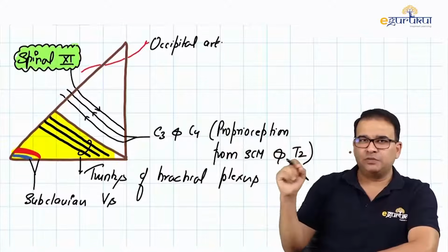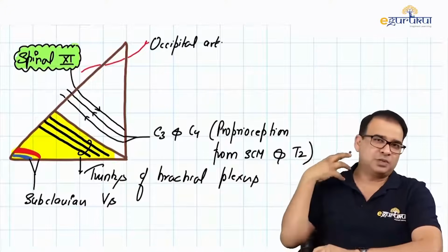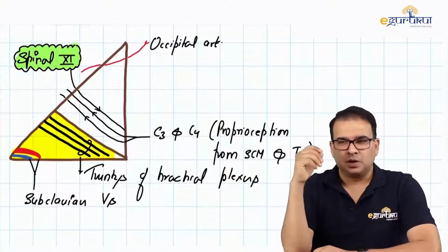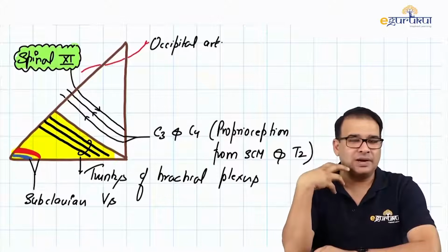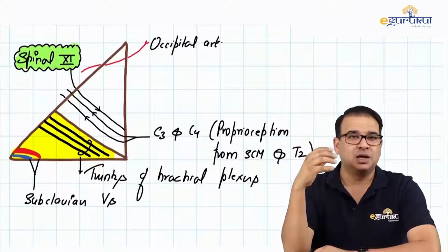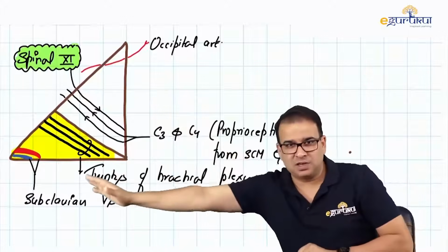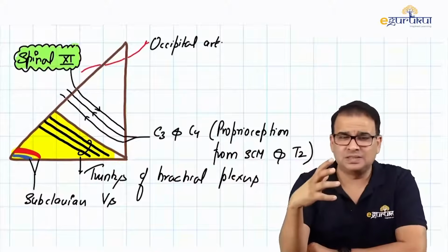The clinical question which confused many students says that while operating in the posterior triangle, a superficially placed nerve is injured. Superficially placed nerves are either those cutaneous nerves, but when you go to the contents, the most superficial structure amongst all these is the spinal accessory nerve. Why is it so?